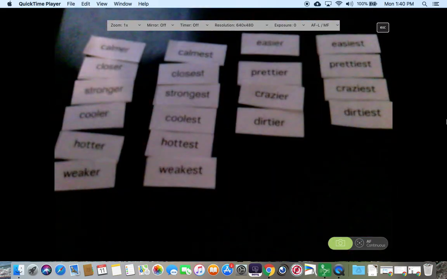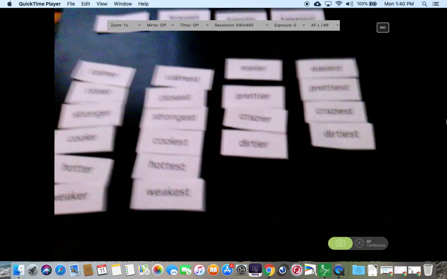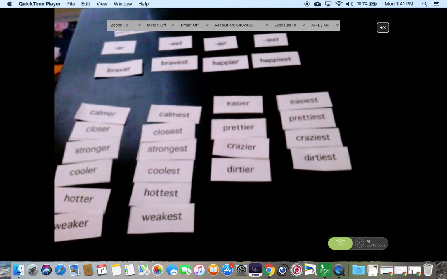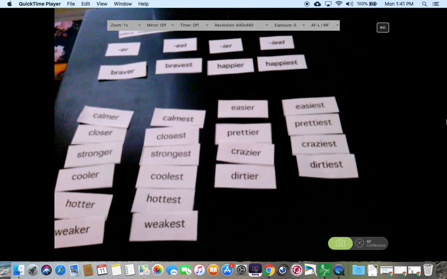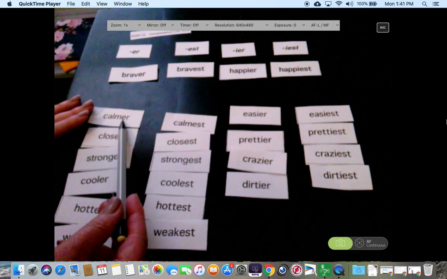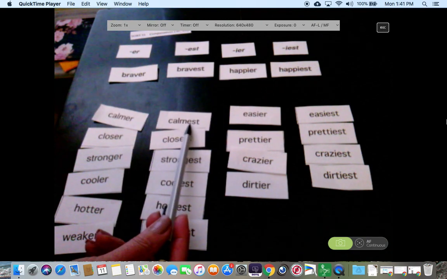All right, welcome back. So let's take a look at our sort. I'm not sure if you noticed, but I did try to make sure that I put the comparatives, the ER, next to the word with EST, so that you can see them together.